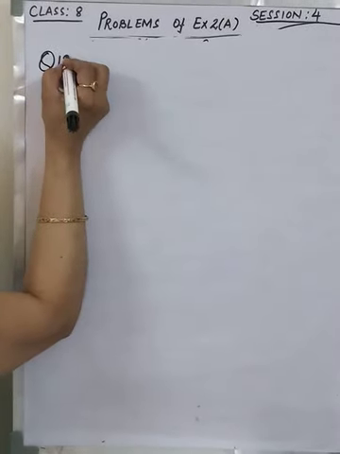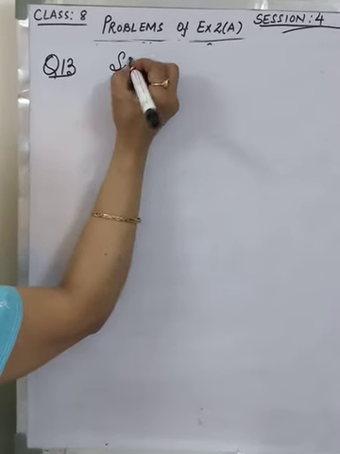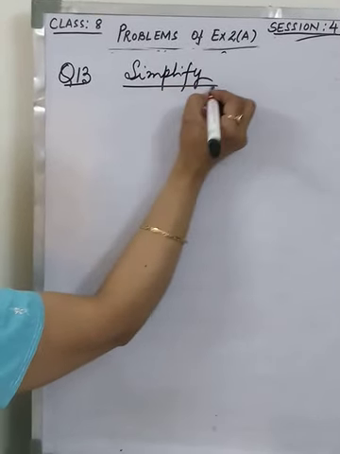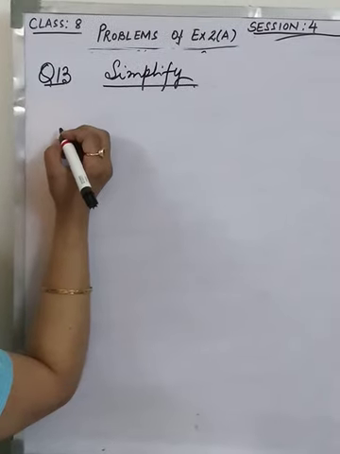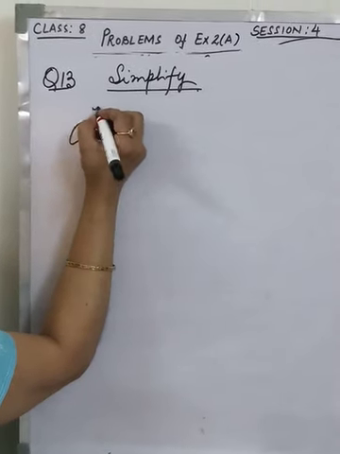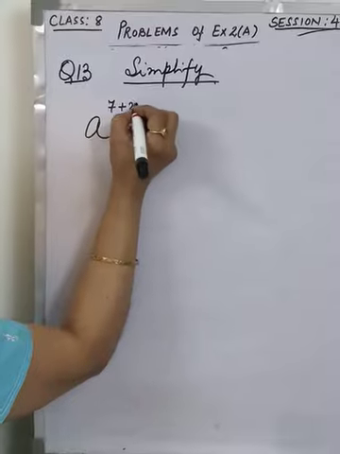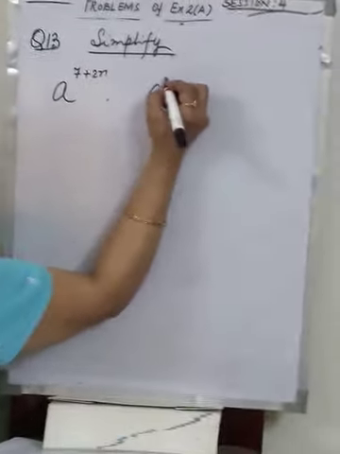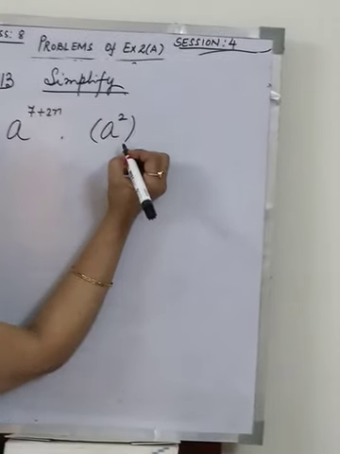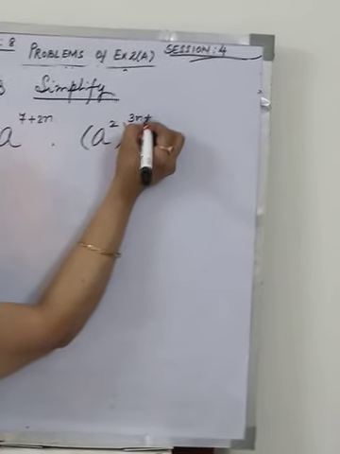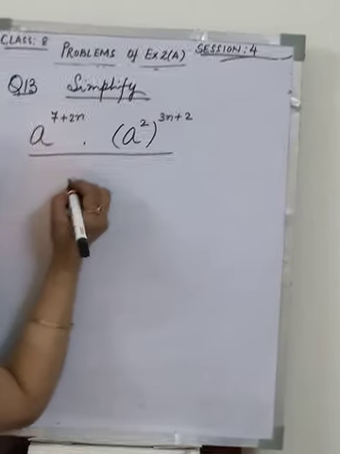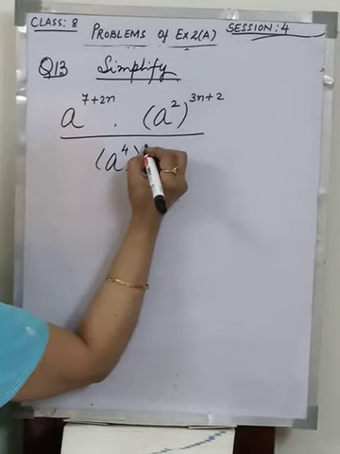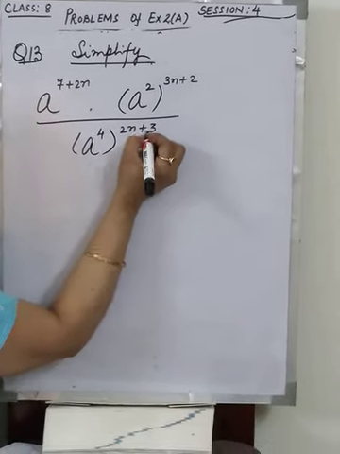Question number 13, again they are saying simplify. What is the question? A to the power 7 plus 2n, a square whole to the power 3n plus 2, and in the denominator we have a to the power 4 whole to the power 2n plus 3.